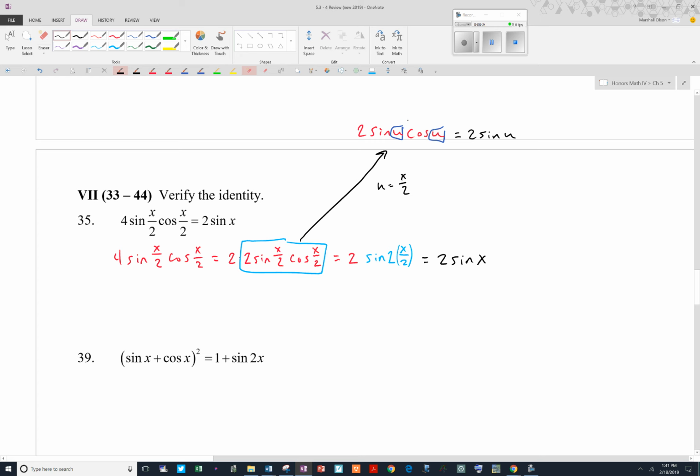So then this thing, when we say that u is x over 2, that's what these guys were. So that's what this is. And that's what we replaced it with then. All right. This was wrong. Sine of 2u.